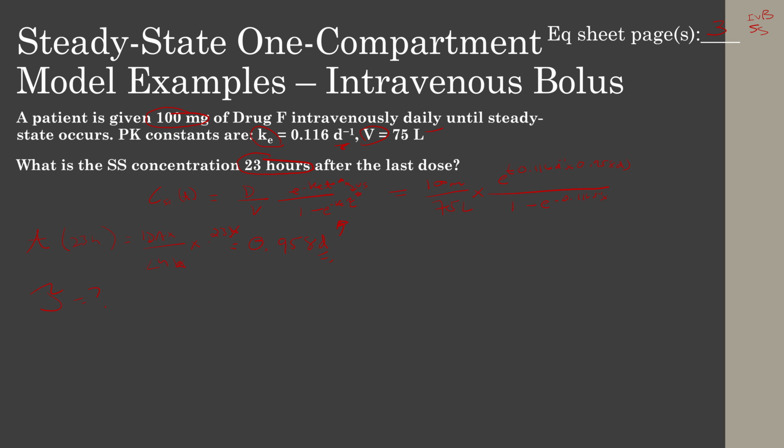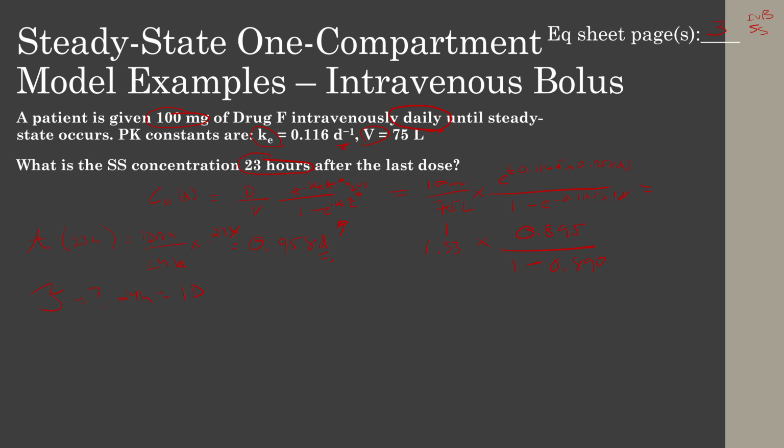Tau is given daily, so it's 24 hours, which is equal to 1 day, and that cancels out. If we do all that math, we get approximately 1.33 for this portion, approximately 0.895 for the top portion, and 1 minus 0.890 on the bottom. They should be pretty darn close, right?